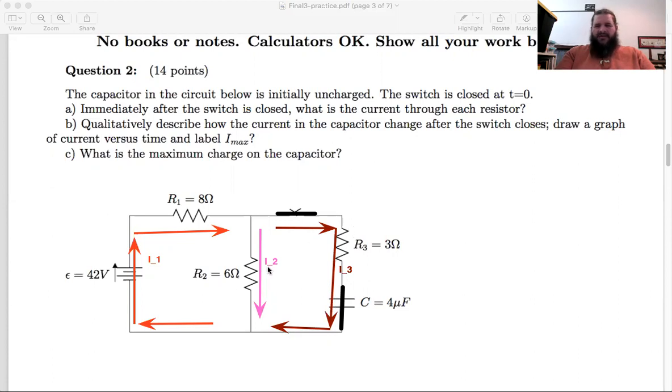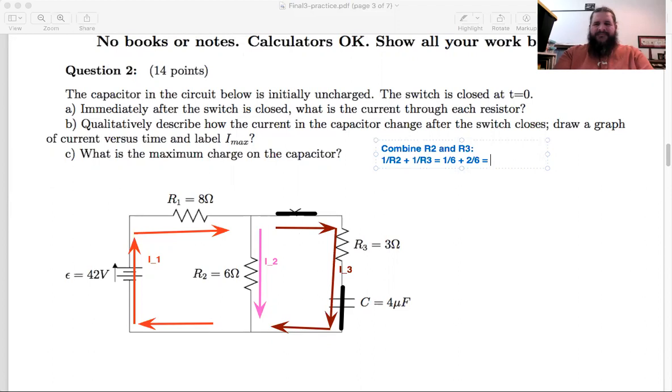Yeah, R2 and R3 are definitely in parallel, because you can think of them as two paths that both start from the same high voltage, take different paths, and end at the same low voltage. So R2 and R3 are definitely in parallel, which means how could we combine them? Yeah, add their inverses, 1 over R2 plus 1 over R3. That'll be 1 over 6 plus 1 over 3. 1/3 is the same as 2/6.